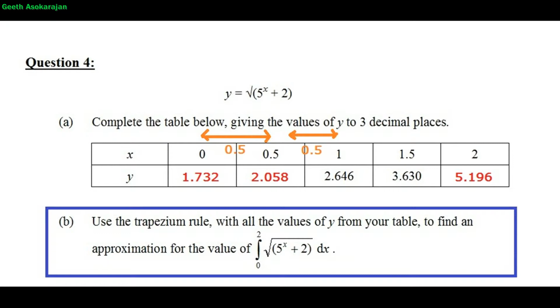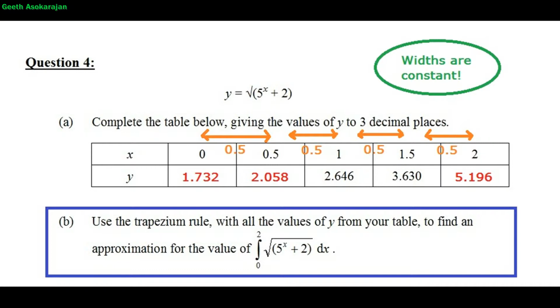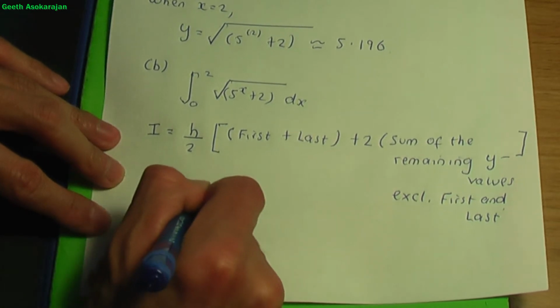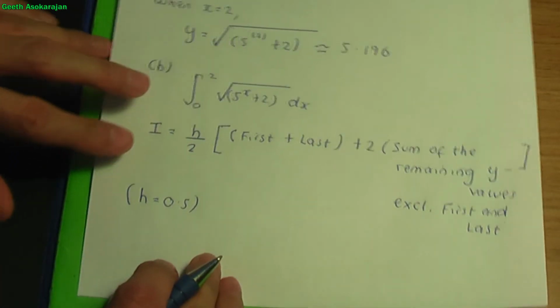Same with x equals 1 to 1.5, and between 1.5 and 2. The width is 0.5, so the widths are constant and we're all well and good. So h is 0.5, the width of the trapezium.